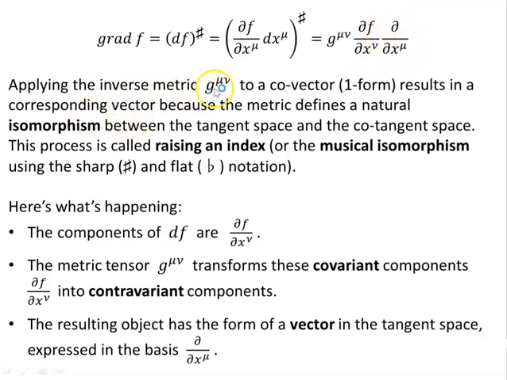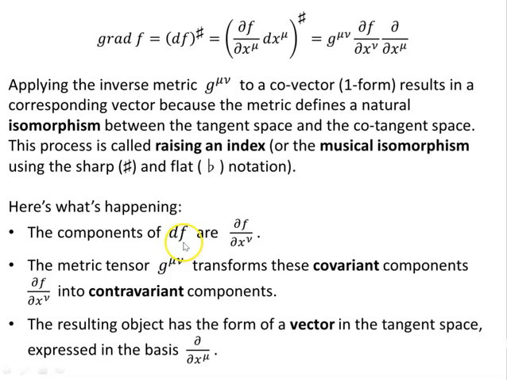Applying the inverse metric g^μν to a covector, a one-form, results in a corresponding vector, because the metric defines the natural isomorphism between the tangent space and the cotangent space. This process is called raising an index, or the musical isomorphism, using the sharp and flat notation. So here's what's happening.